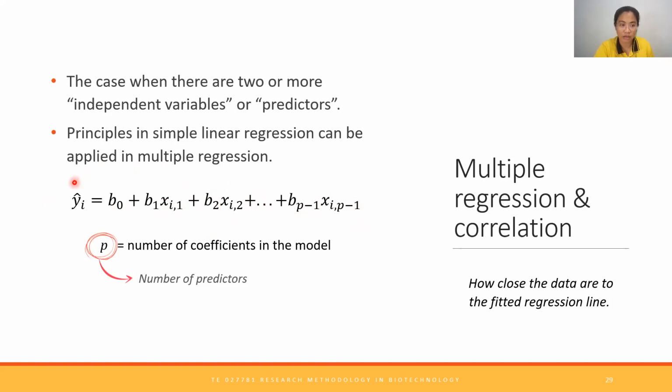The equation is simply linear, but has more than one predictor. If that is the case, you can use the principle of simple linear regression to explain the relationship of the data.